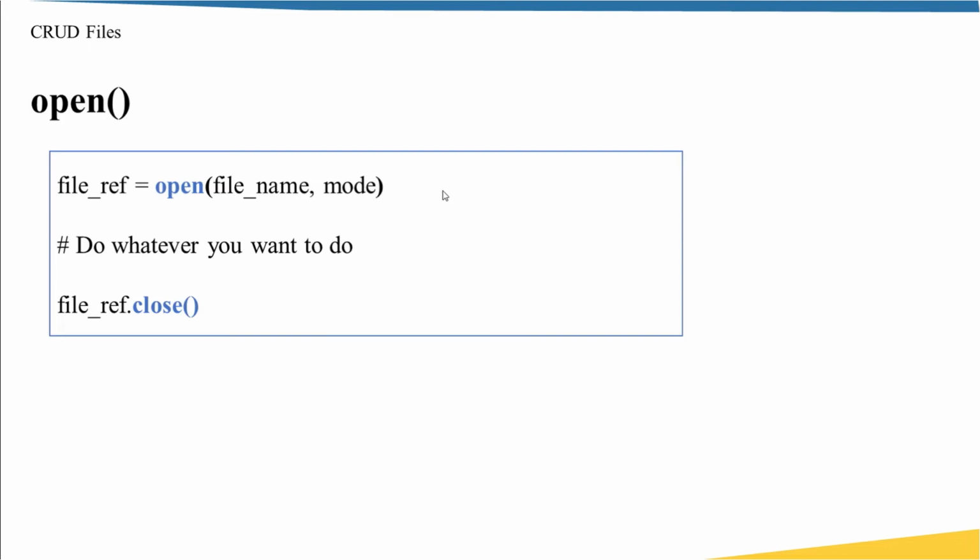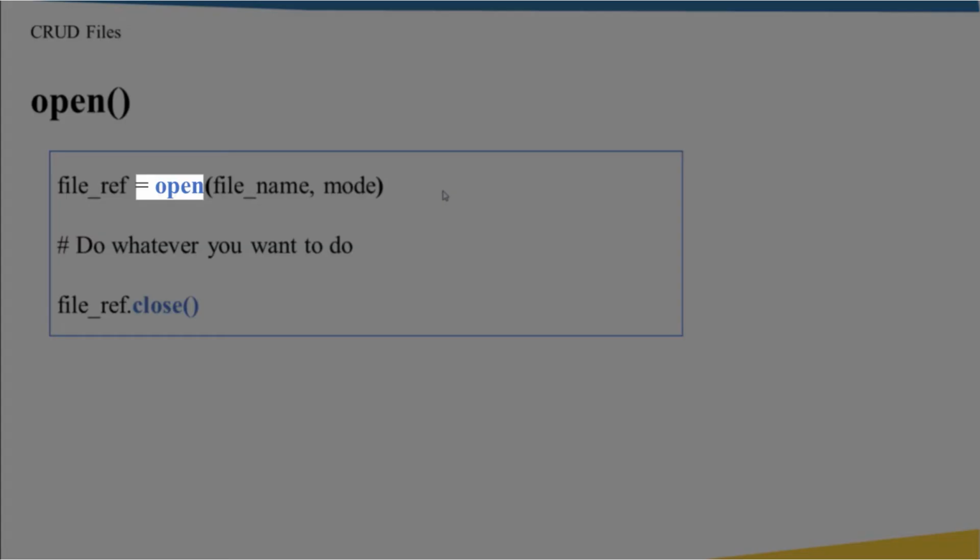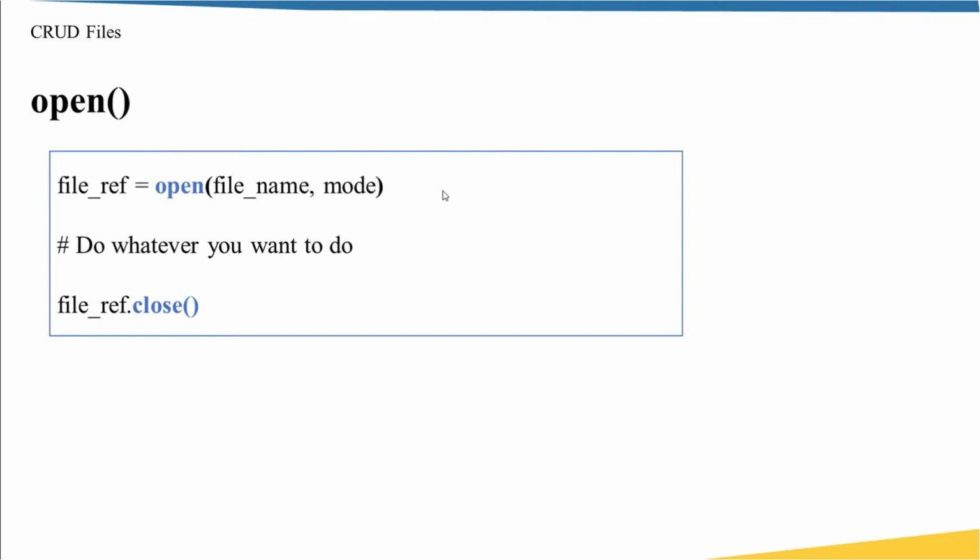Usually, when you want to deal with a file, you will write your code in this way. So you will say file reference equals open, file name, and mode. Then as I mentioned, do whatever you want to do, and then you have to close the file using the close function. Now to understand what these parameters are, it's very simple.